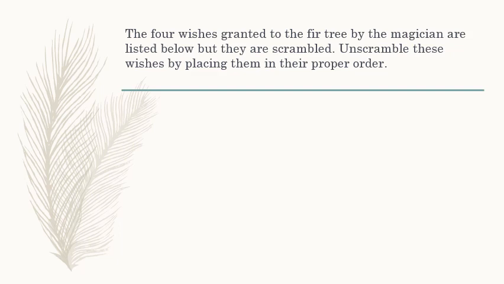They are not placed in the right order, or they are not arranged properly. So what you have to do is unscramble these wishes by placing them in their proper order.